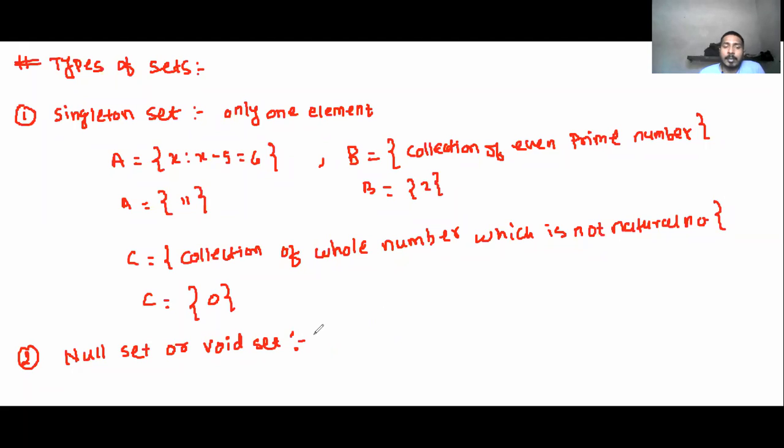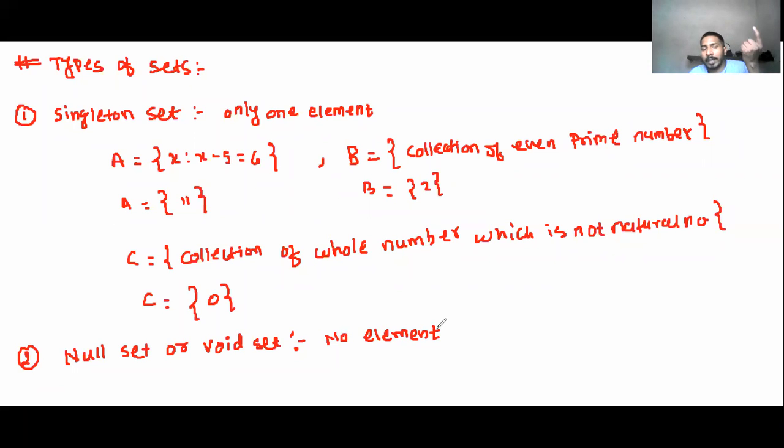Null set. Can anyone tell me what is a null set? Void means empty. It does not contain any element. So no element.